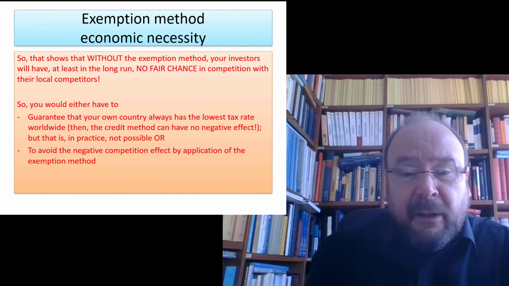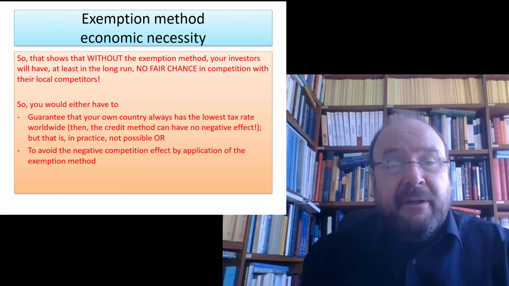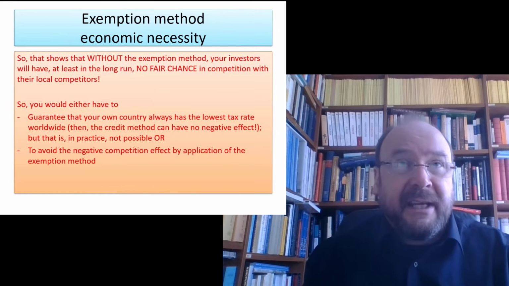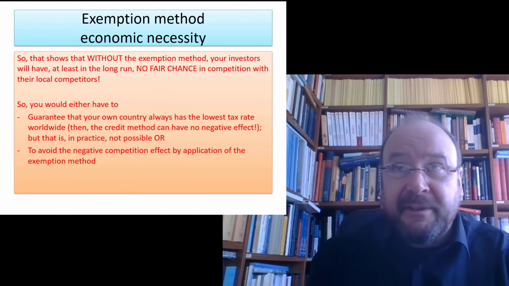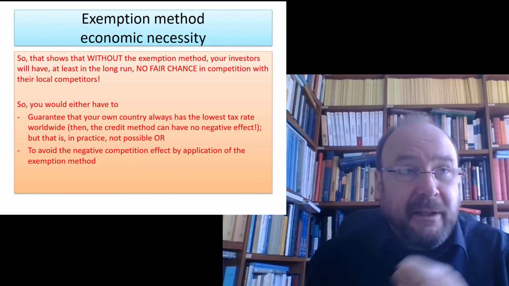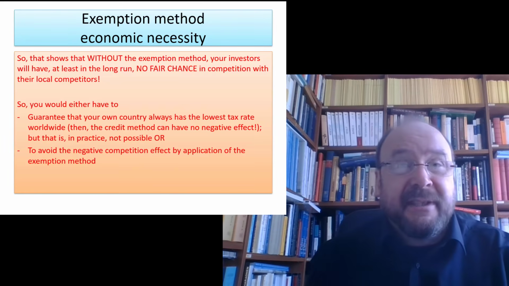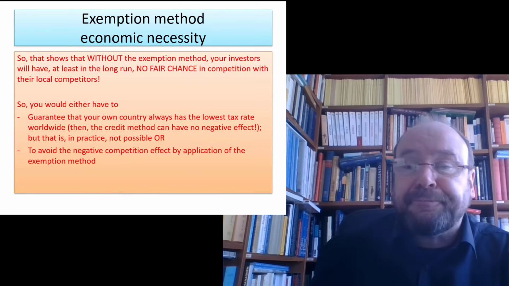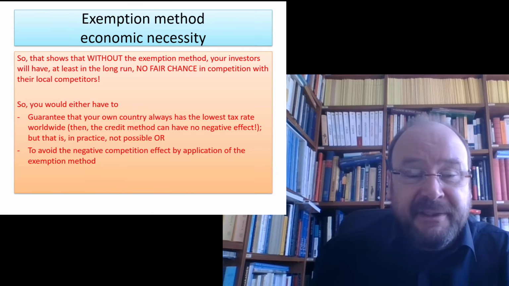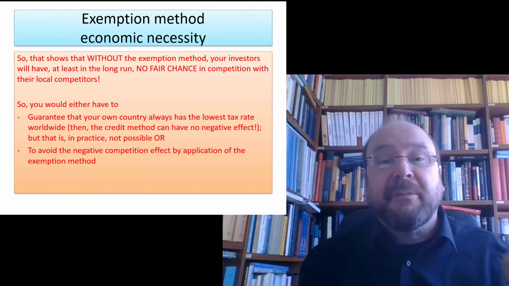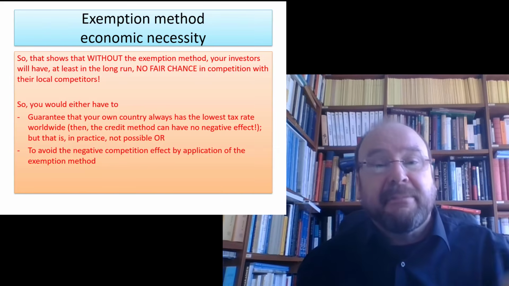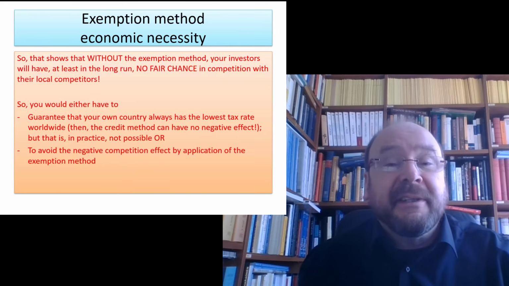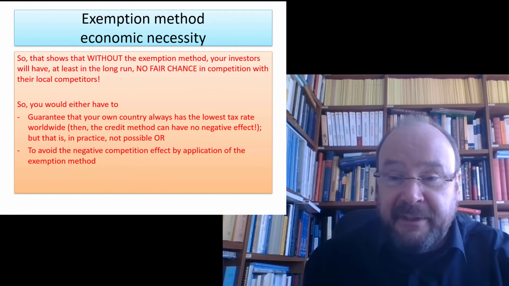Okay, now we have seen how the exemption method works, how we can take the risk that there is a lower tax rate abroad without our people shifting all their investments and activities abroad and ruining their own country. And we have even heard just now why it's economically compelling, for reasonable, wise people, to practice the exemption method under certain circumstances, or at least something which comes close to it.